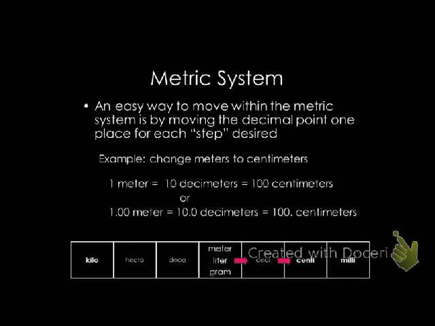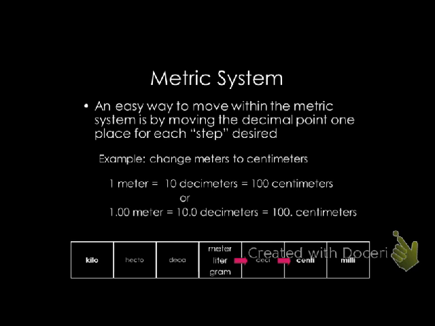Now, a really easy way to help understand how those units change with the metric system is simply to move a decimal point. Each number either has a decimal point, or we can write it with a decimal point even if it's a whole number. As we move to the right, the decimal point moves to the right for each step on that metric scale.